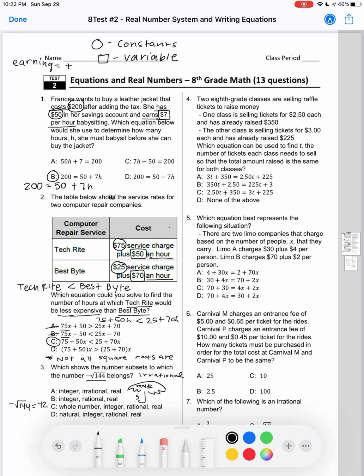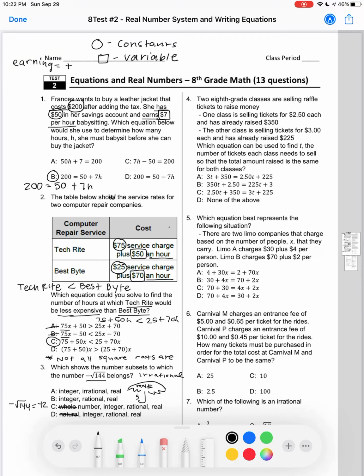So knowing that it's negative 12, we know that it can't be a rational number, because rational numbers can't be negative. We know that it can't be a whole number. It can't be a natural, wait, I made a mistake. Sorry. It can be rational. Rational numbers can be negative, sorry.